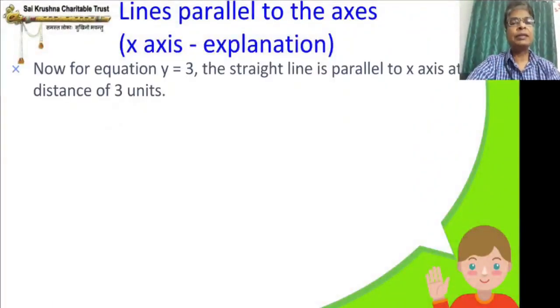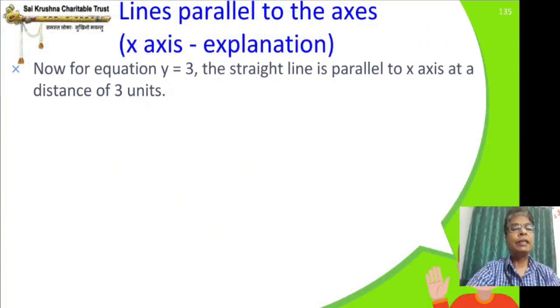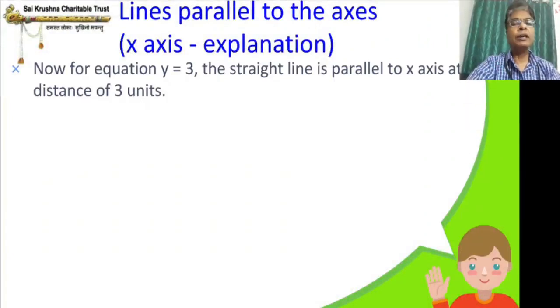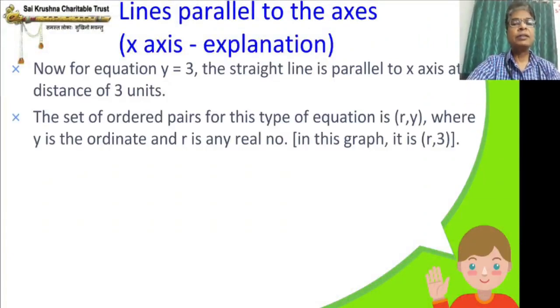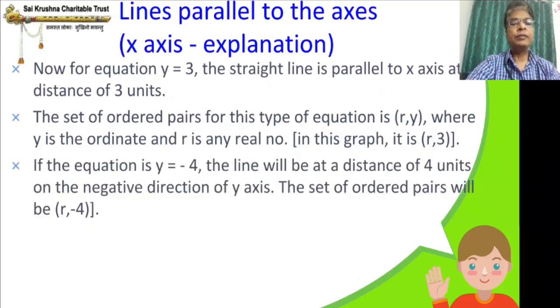Similar, same equation, whatever we saw for the x axis, the same for the y axis. So y equal to 3 is (r, 3). Now you remember, y is the ordinate. There we saw x equal to 2 is (2, r), x equal to 3 is (3, r). Since y equal to 3, it is (r, 3), and if y equal to -4, then it will be (r, -4).